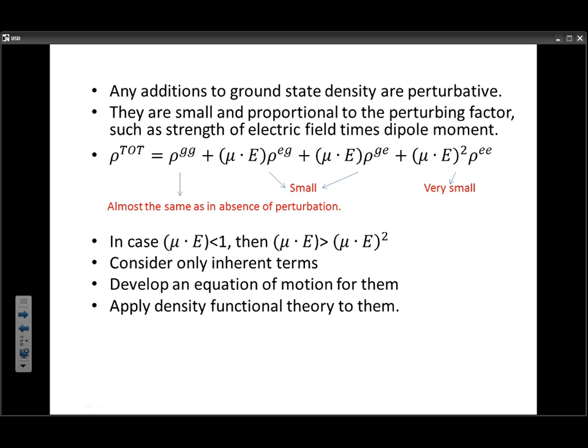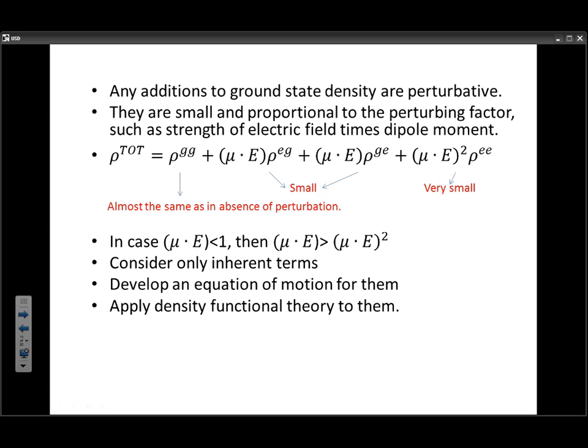And so we can write the total density in terms of the electric field. The ground state density is almost the same as in the absence of perturbation, and the transition density is small, and the excited state population density is even smaller.